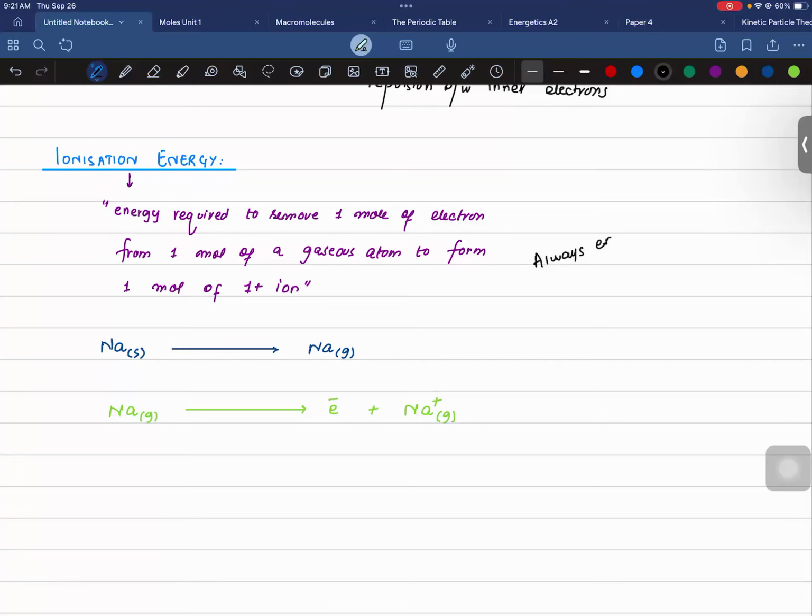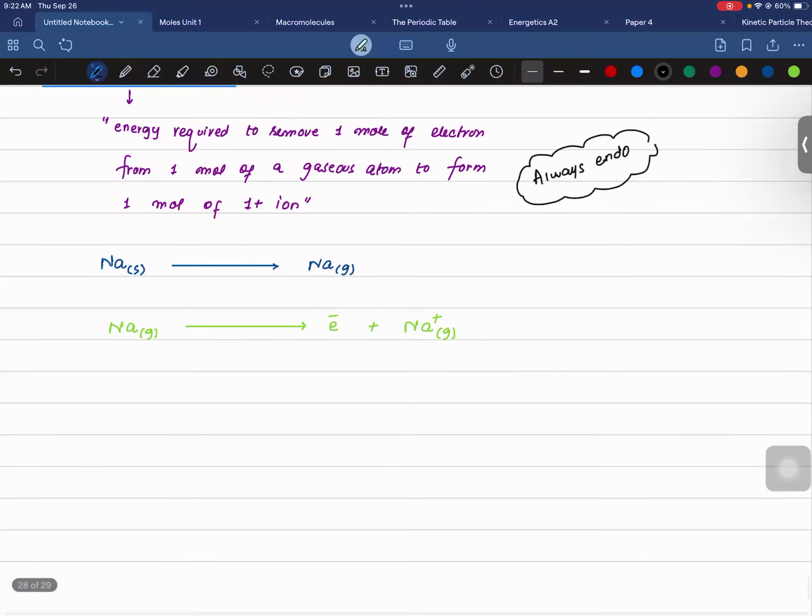Exactly. Always endothermic, because in the definition I mentioned that energy is required. Energy required means you have to provide energy, so that the atom can absorb it and remove its electron.